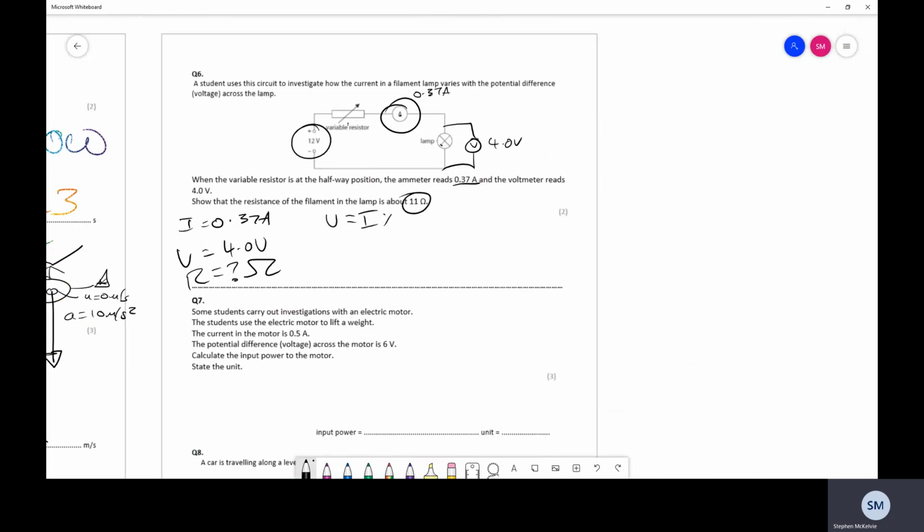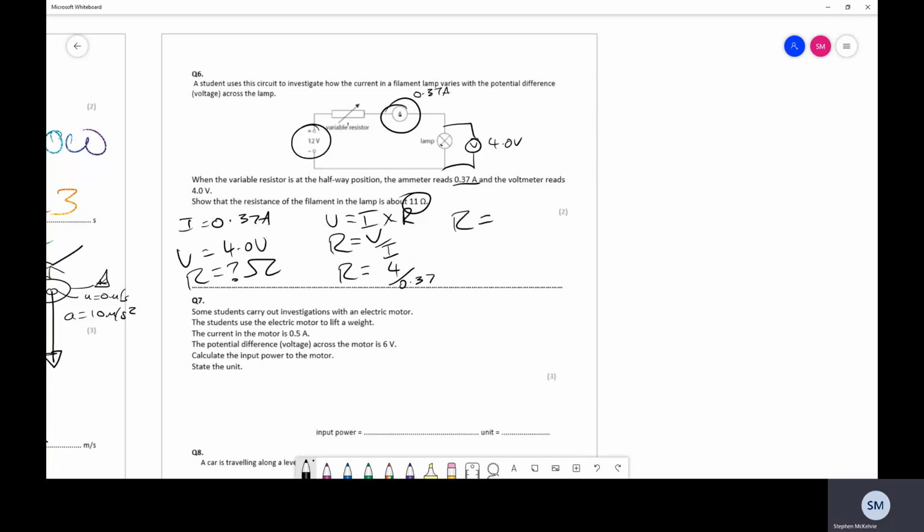V is equal to I times R, my base equation, Ohm's law. R is equal to 4 divided by 0.37, because I rearranged it. I have to make R the subject, divide across by I. R is equal to, I skipped a step there, sorry. I was just trying to make sure that I was doing it right for you in my head, and I ended up doing it wrong for you in actuality. 4 divided by 0.37.